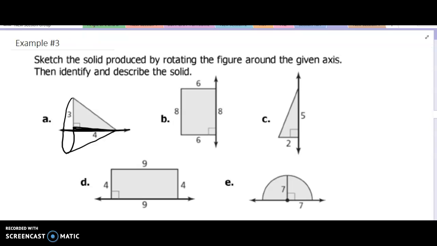We would eventually go around and get a cone, where the base has a radius of 3, and the height from the radius to the apex is 4.